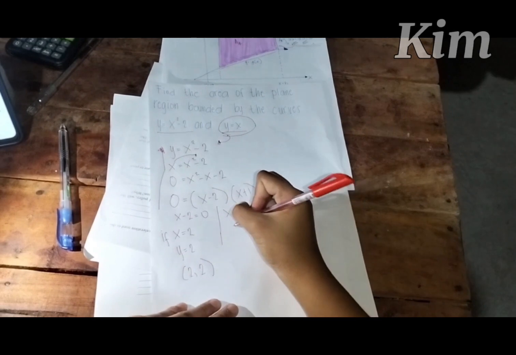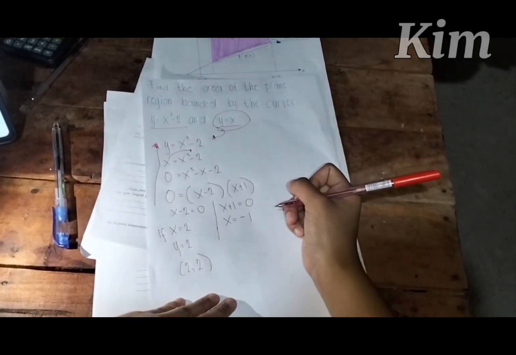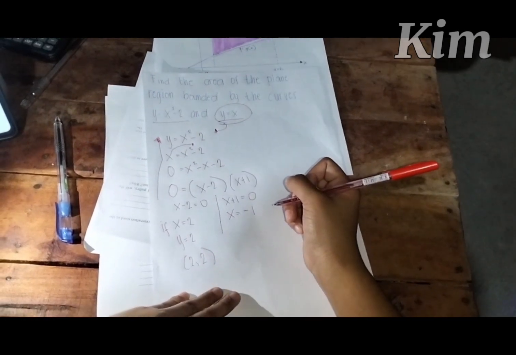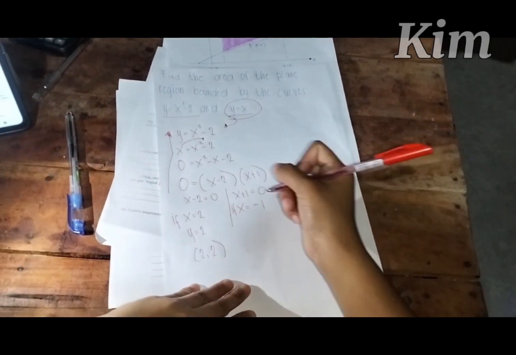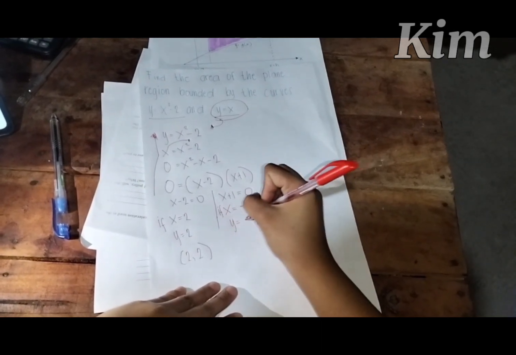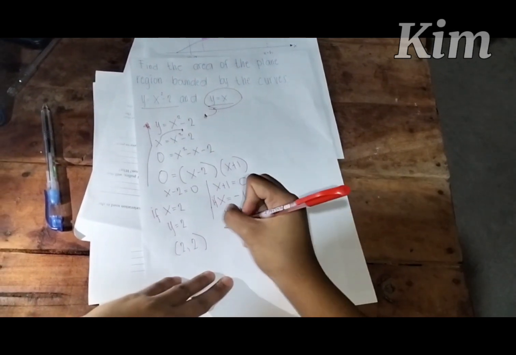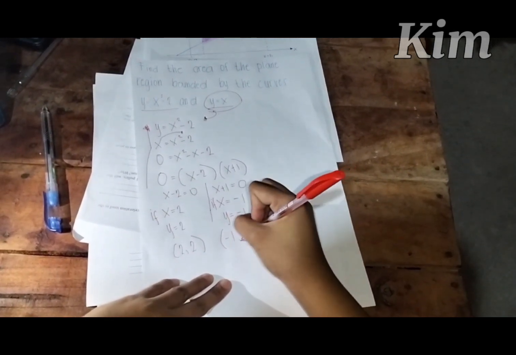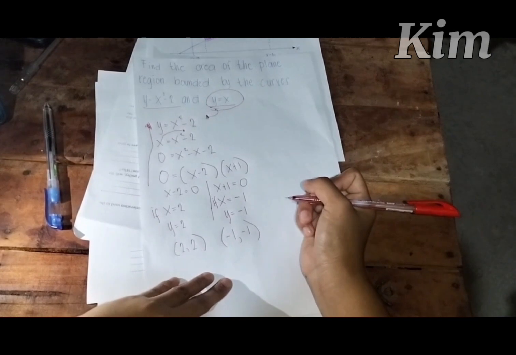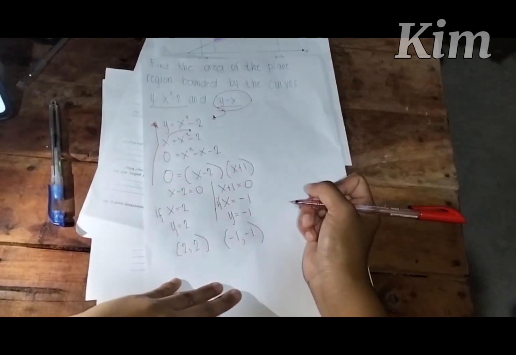For the second one, solving for x, we transfer the positive 1, so x is equal to negative 1. Again, by using the formula, y is also equal to negative 1. So our second point of intersection is (negative 1, negative 1).